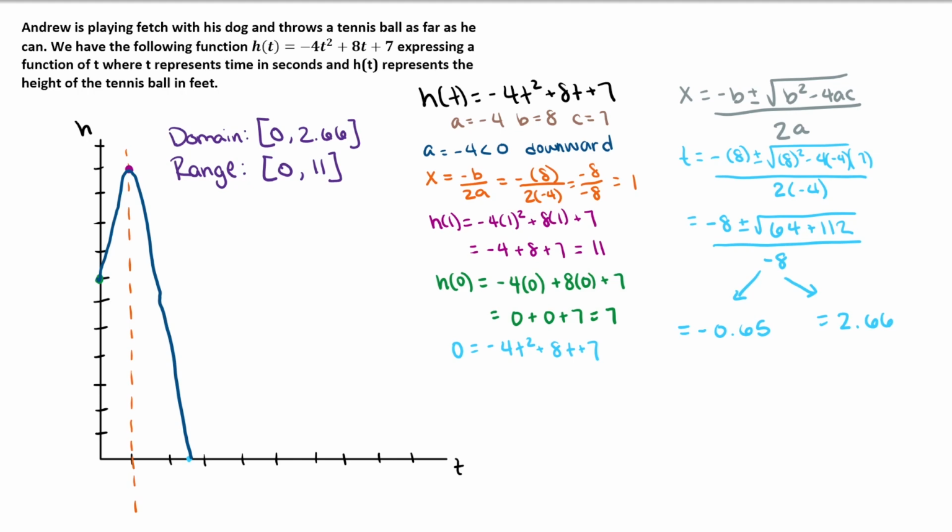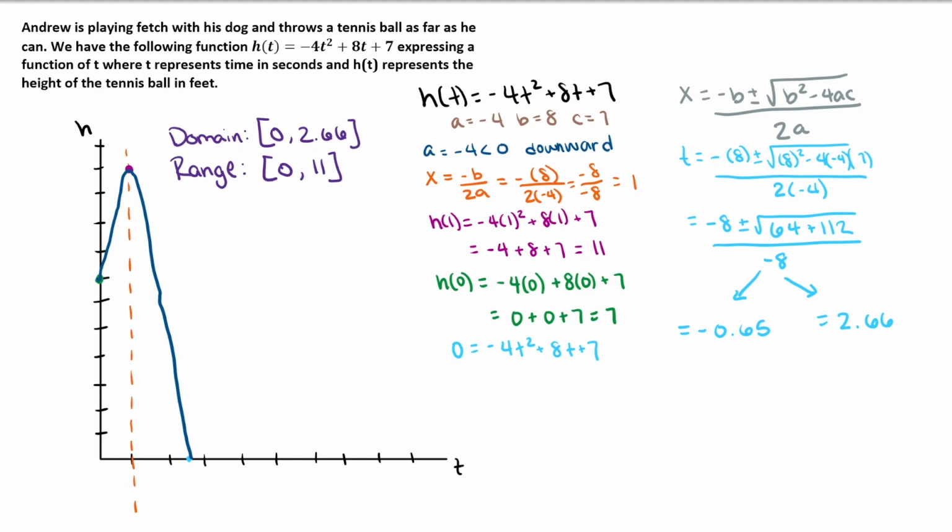One, the maximum height of the tennis ball. We know when we think about domain and range, and especially for our range, what our highest value and lowest values are, our minimum and maximum values. So in this case, just by looking at our graph, we see the maximum height, which is our y-axis, is where our vertex is, so the maximum height is 11.